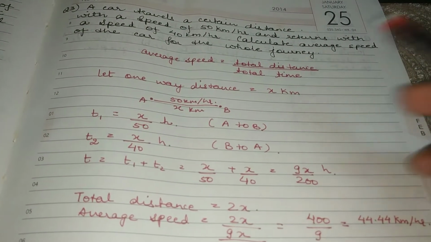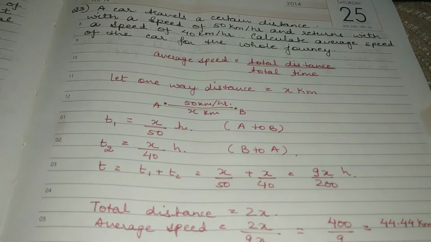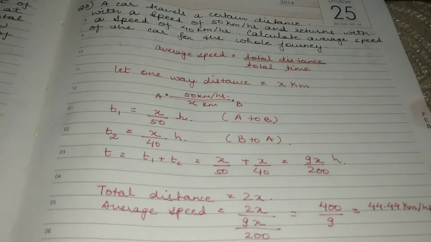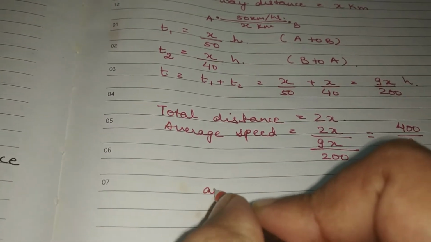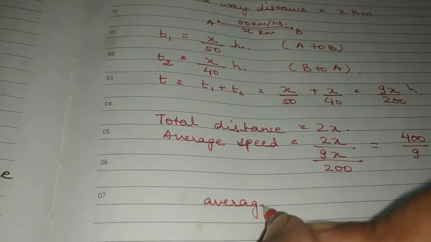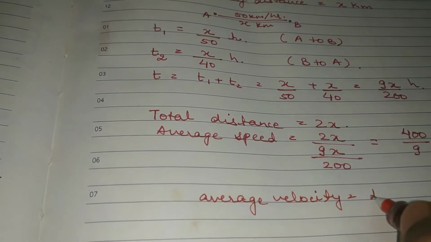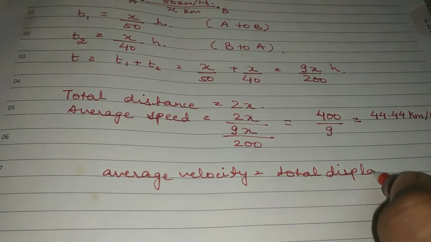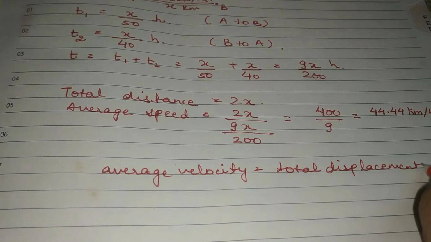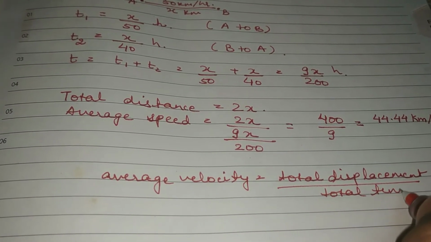Now if I extend the question, if I ask you to find the average velocity for the whole journey, then what will be your answer, children? Now you were made aware that average velocity is nothing but total displacement upon total time.